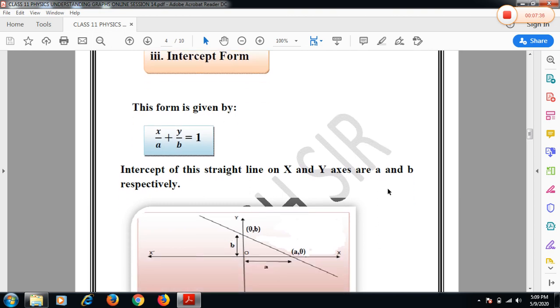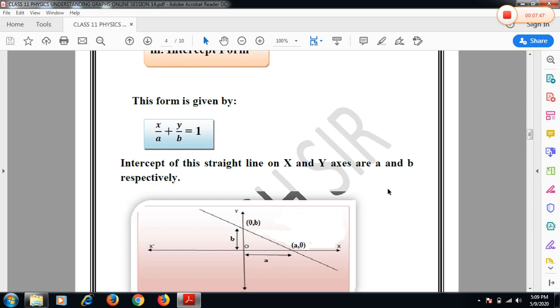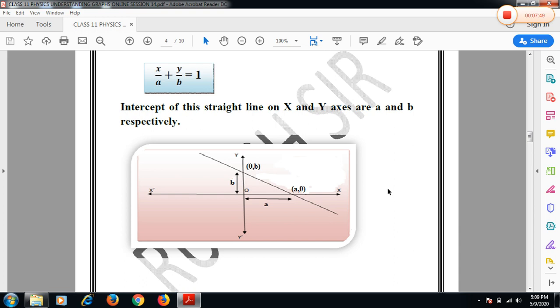In this form, the straight line can be given by the following equation, x by a plus y by b equals 1, where a and b are the intercepts from the x-axis and y-axis respectively.